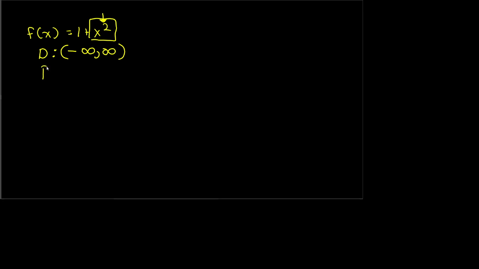So my range, well, if I put 0 in, the plus 1 means that I'm going to be able to get a 1 back out and go all the way to infinity.